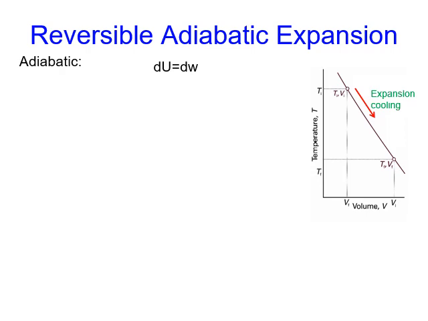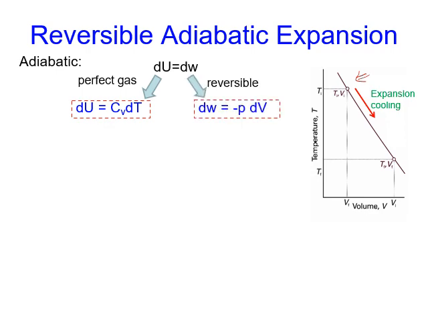So here is an adiabatic expansion cooling process, and because Q is 0, delta U equals dW. Now delta U is calculated by CV delta T for an ideal gas, and dW is calculated by negative pressure times volume change.